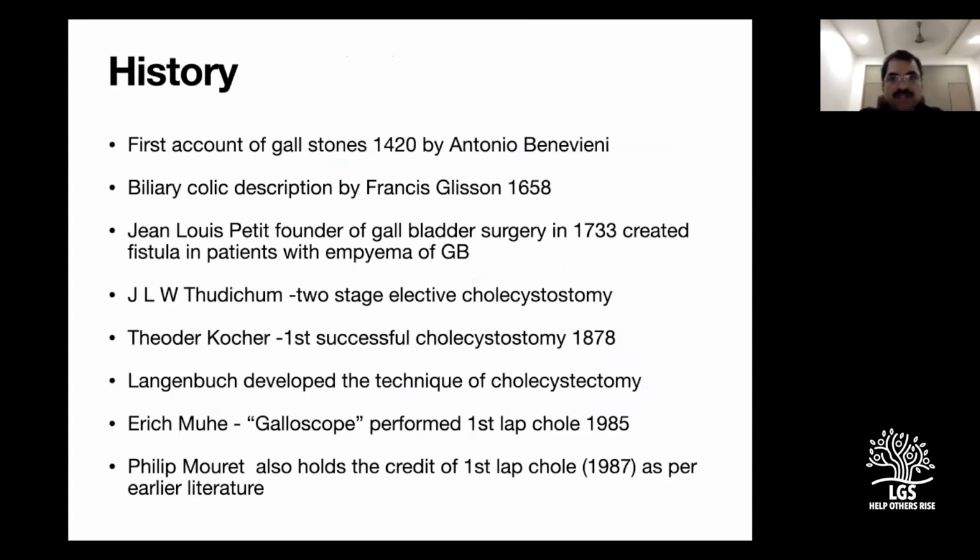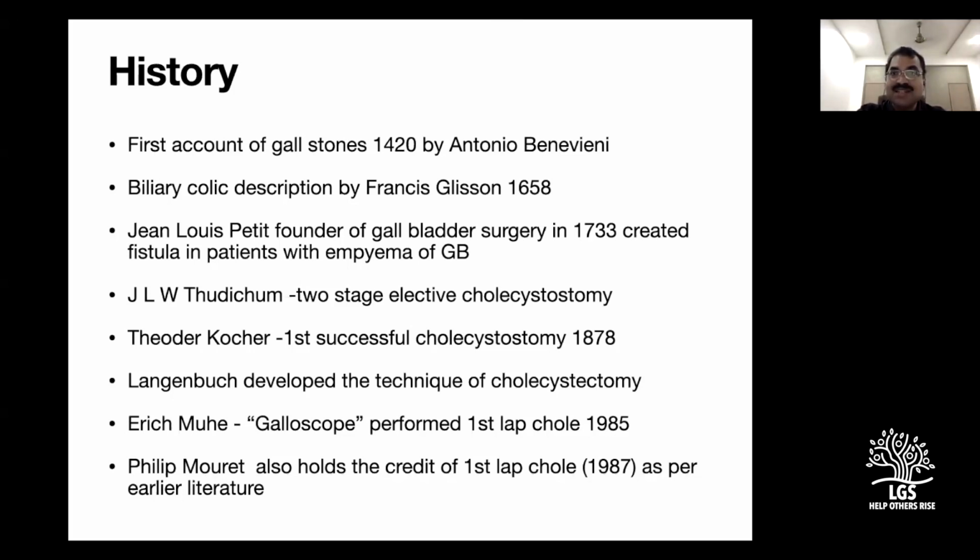The first cholecystectomy was done very late, around 1870 or 1880. Before that, people did surgery for empyema, creating a fistula between the abdominal wall and taking out all the stones. The gallbladder as an accessory organ rather than a very important organ was understood very late, so people were thinking about preserving the gallbladder in the initial stages.